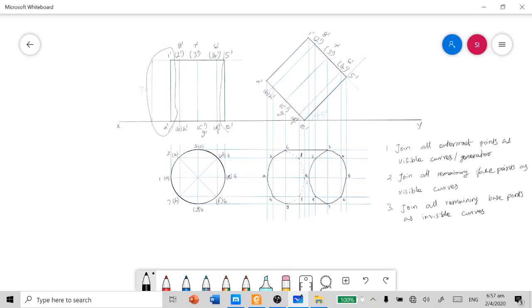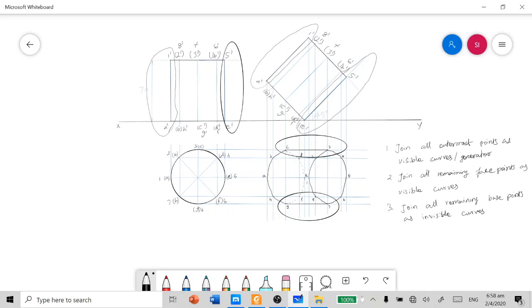These two generators are highlighted, and in the third stage also I highlighted 1 dash A dash and 5 dash E dash. But you compare the same with the final top view. Here the outermost generators are 3C and 7G. These two only are highlighted with HB pencil and not other lateral edges.